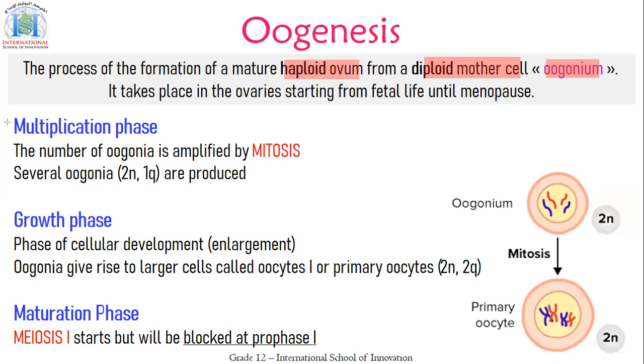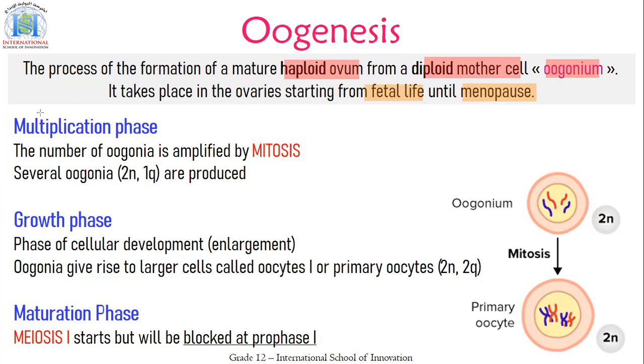Okay, this is not a continuous process as it starts from the fetal life, while the female is in her mother's belly, and then from puberty till menopause. At menopause, which is almost at 45, 50 years, oogenesis stops.